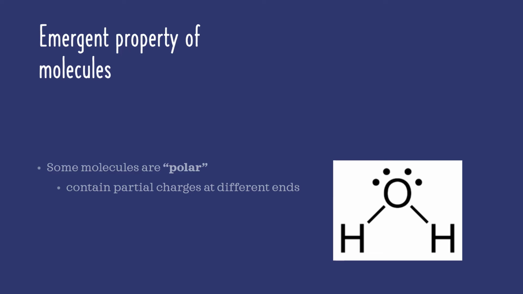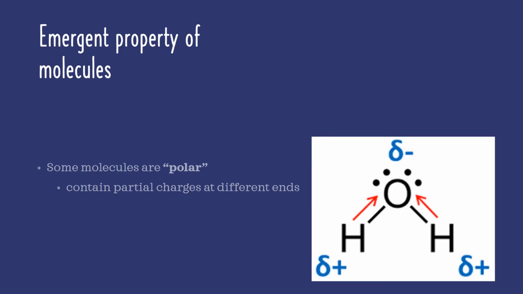Polar molecules, like water, have distinct areas within the molecule that carry a slight charge. It's like a weak magnet at each end of the molecule, not even a fully positive or fully negative charge. They're called partial charges only. Even partial charges influence how molecules behave, so this is a special property that is important for biologists to understand.